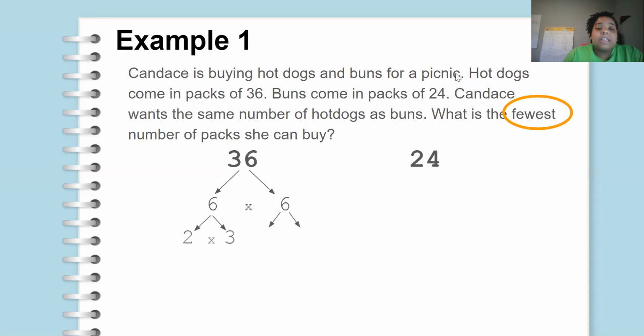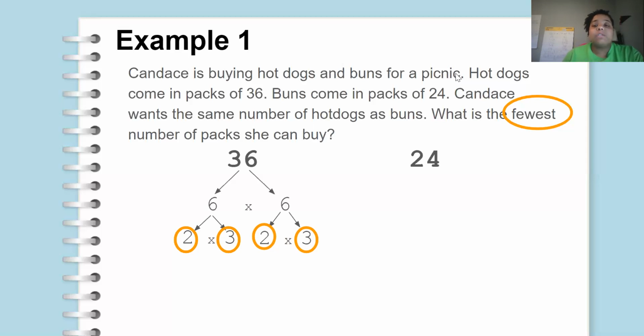I know 6 can be broken down into 2 times 3. Well, what do I know about 2 times 3? I know that both of those numbers are prime, so I can circle them and be done. And then I can do the same thing again because I broke it down into 6 times 6. So I'm done with the number 36.